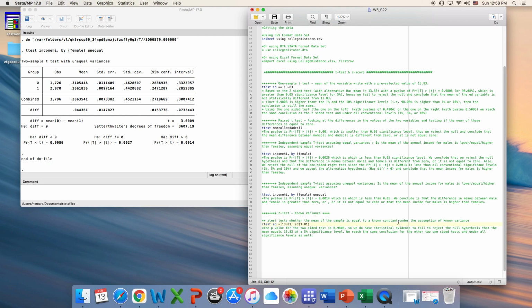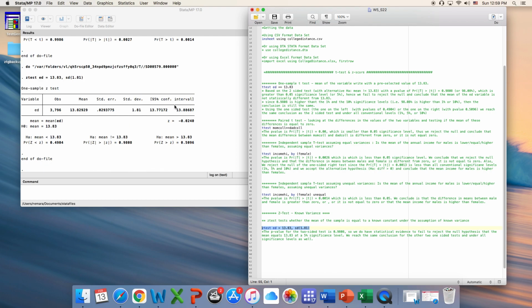And I will assume that I have a known variance. So I'm giving you the variance, or the standard deviation, and so on. So you're testing whether education is equal to 13.83 years, with a standard deviation of 1.81, and the command is z-test.